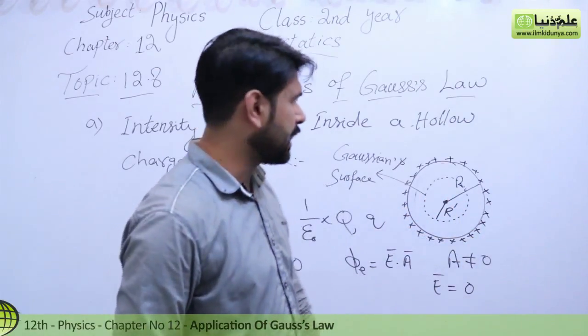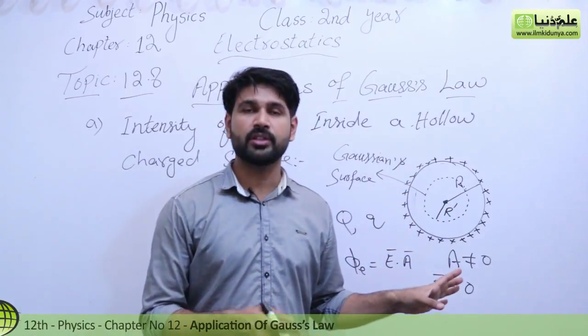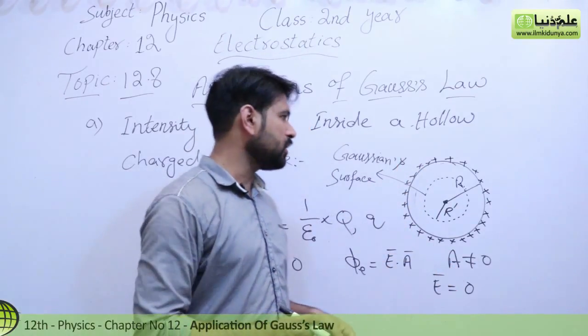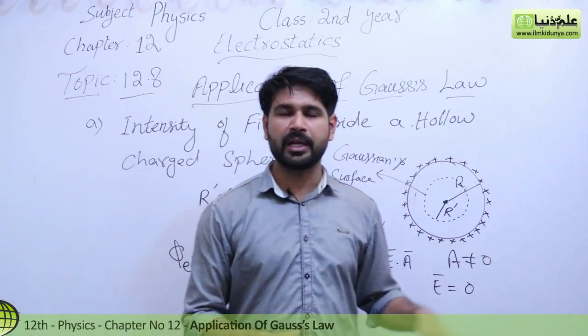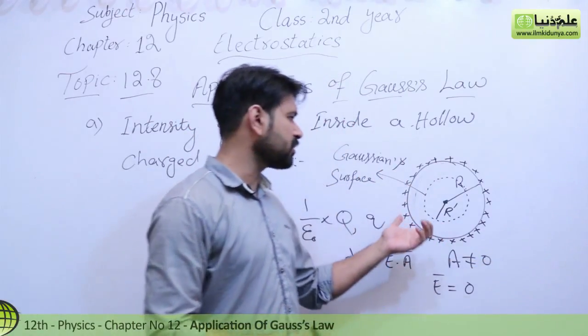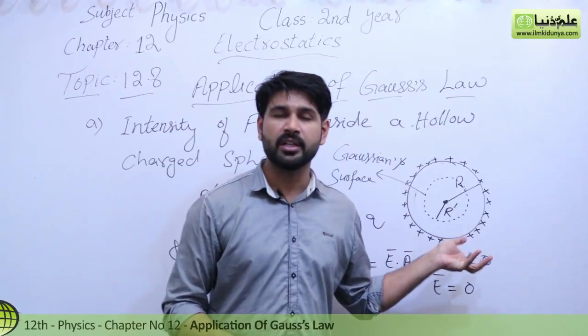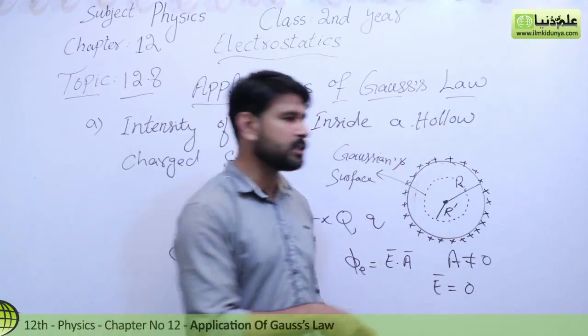If you consider this a metallic sphere and you develop a charge on the outer surface of the metallic sphere, then the inner surface, or the inside of that metallic sphere, is a field free region.